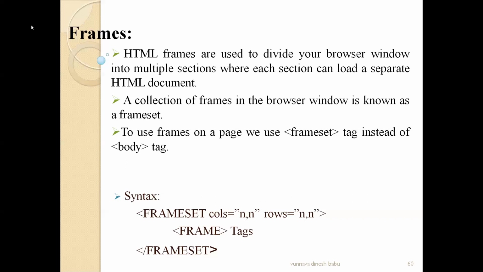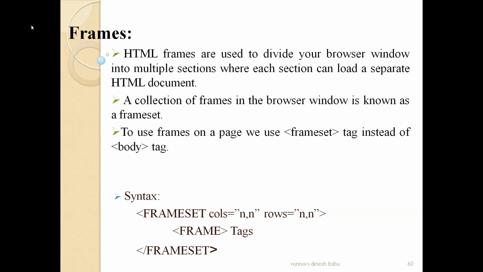Let us see the syntax, which is already shown on the PowerPoint presentation. Here we have to use a frameset tag. For that frameset tag, there are two attributes, named columns and rows, that is COLS and ROWS.